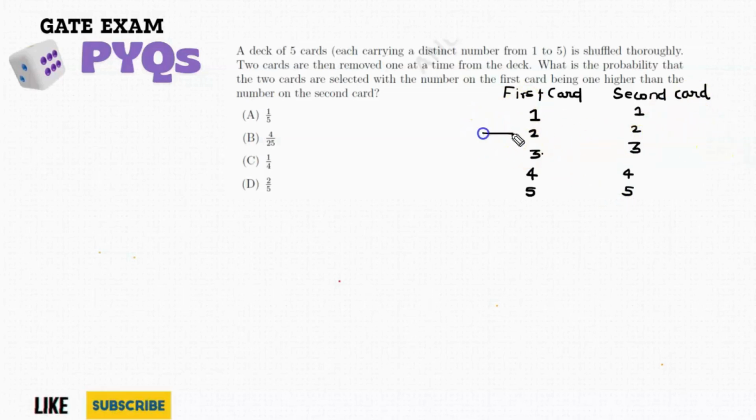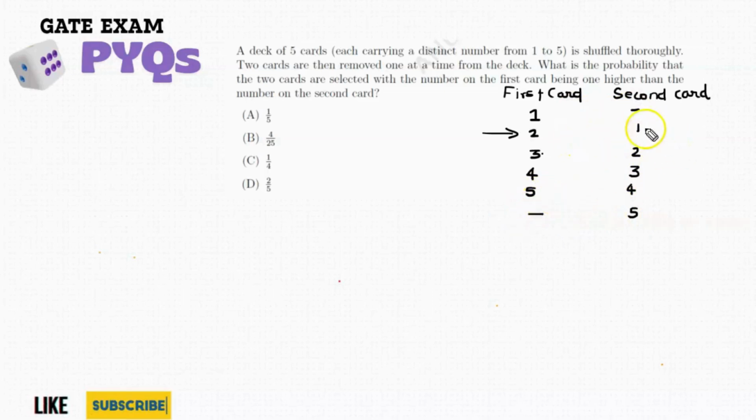Like if you see the second row, first card is 2 and second card, in that case, it has to be 1. Correct. Where I will write 1, 2, 3, 4, 5. So corresponding to 1, I will not get any number. Similarly, corresponding to 5 on the second card, we don't have anything on the first card.